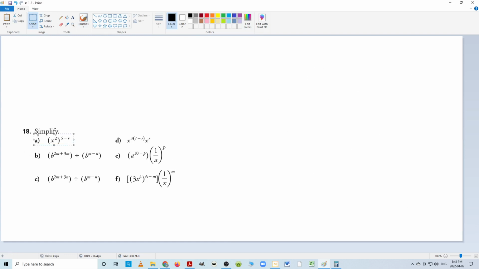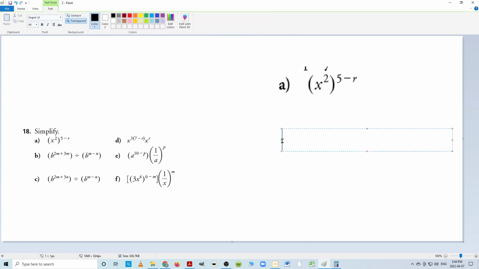Simplify. Okay, so just follow the rules each time. The rule says I have to multiply these fractions, which means it's 2 times 5 and 2 times minus r. So it just becomes x to the, what's 2 times 5? 10. What's 2 times r? Minus 2r.